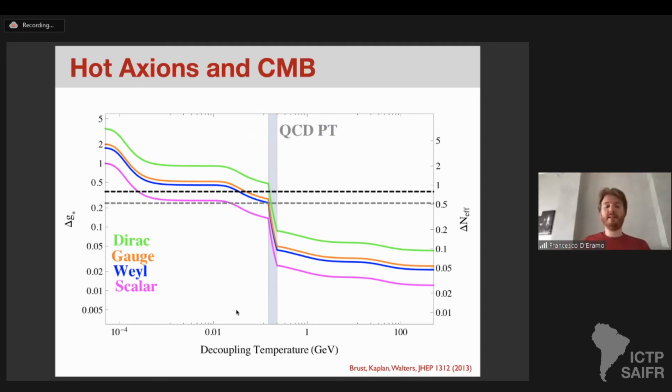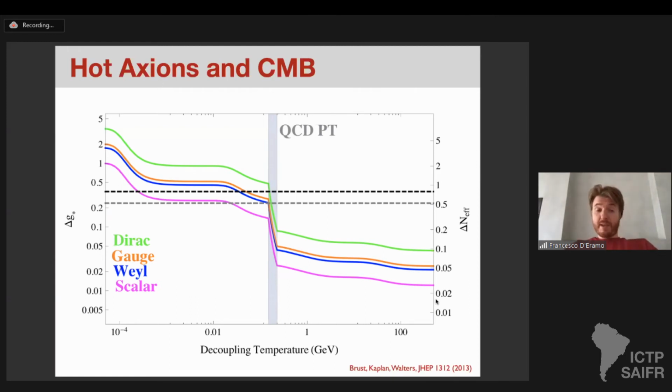This plot tells you that if you have the axion, or any scalar actually, that thermalizes with the primordial bath, and at some point it decouples, the contribution to delta N effective is given by this line as a function of the decoupling temperature. You see a characteristic behavior: if the decoupling temperature is lower, then the contribution to delta N effective is larger.